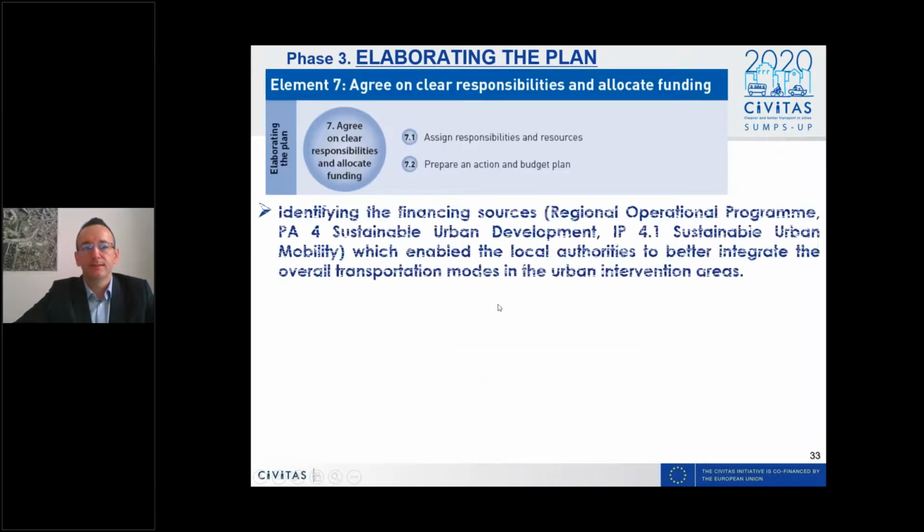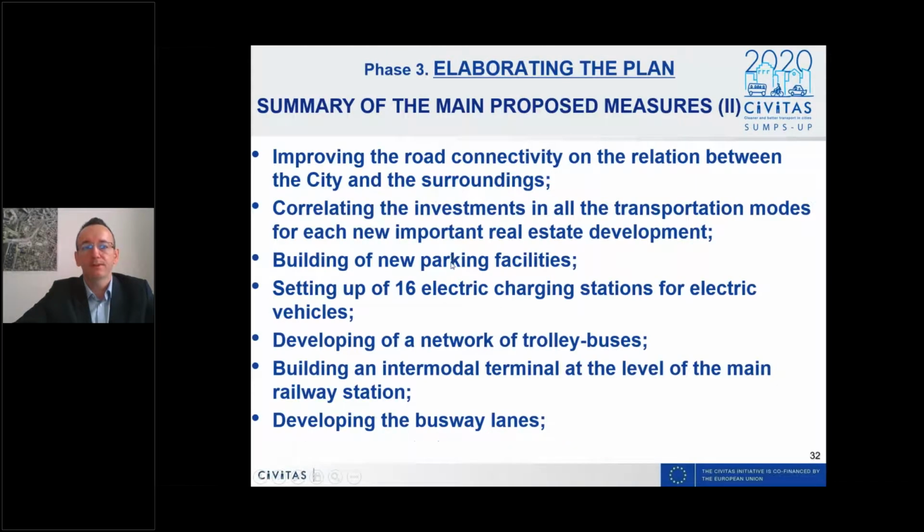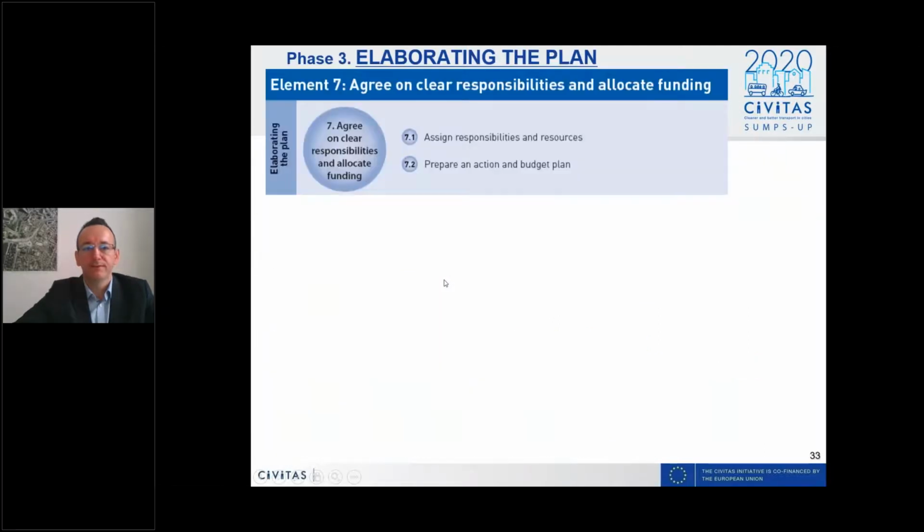So these were, let's say, the most important measures that were listed in this initial phase.